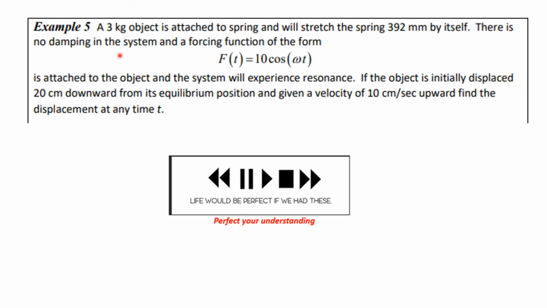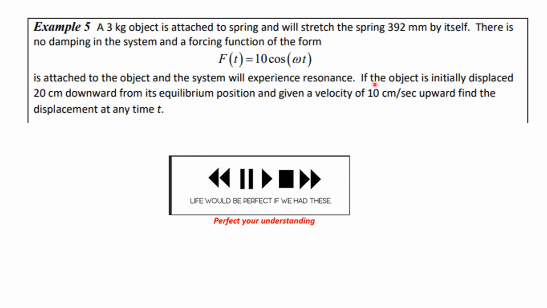Now here's an example. We have a 3 kilogram object attached to a spring. It stretches this much, and there's no damping in the system, and a forcing function is attached to the object: F of t is 10 cosine omega t. We're telling you the system will experience resonance, and that tells you things about the system.